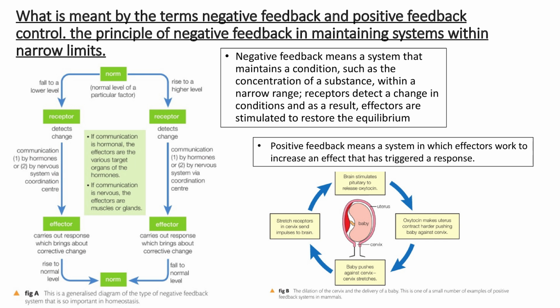So basically, let's look at the diagram on the left side. Firstly, there is the normal level of a particular factor. Suppose that our heart is beating in a usual, natural rhythmic way, but then a receptor detects a change in the normal level of a particular factor.